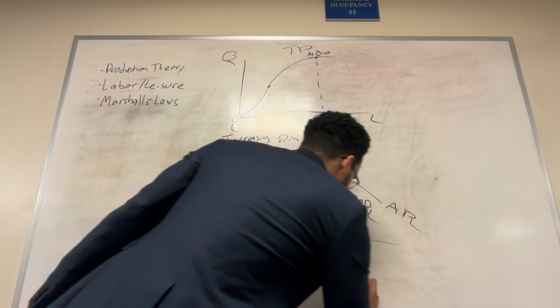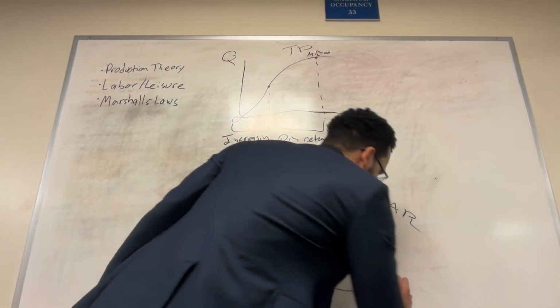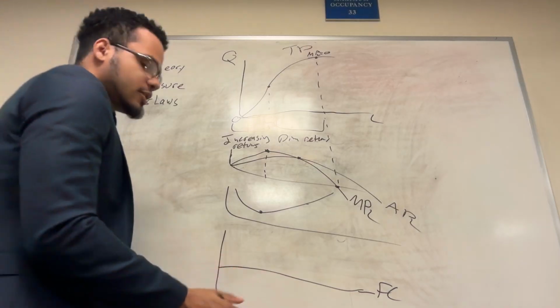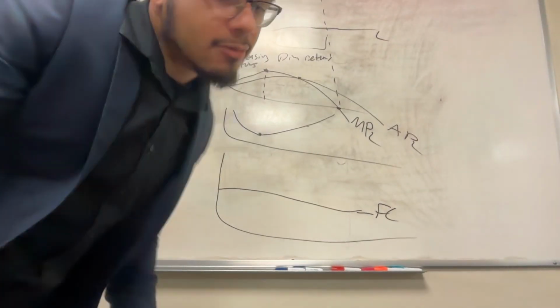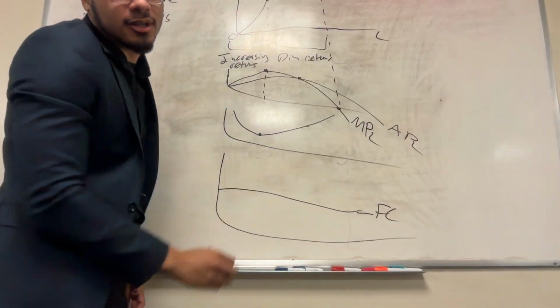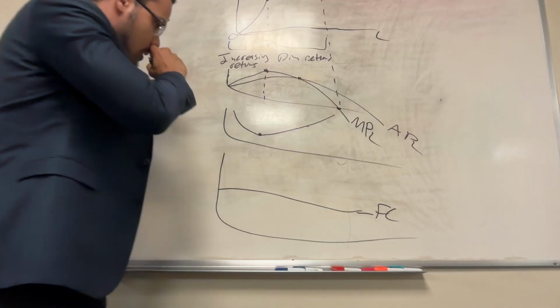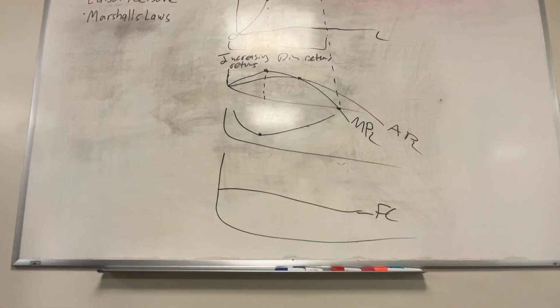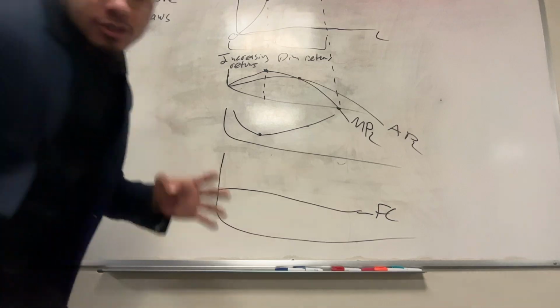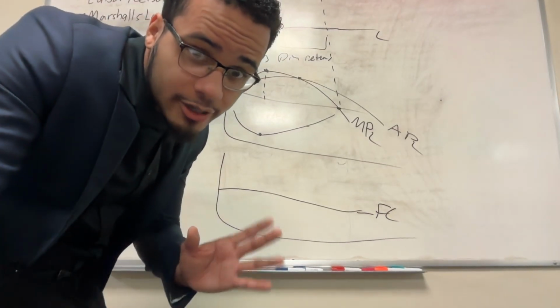Essentially, we're in the short run, so obviously we have fixed costs, right? We have fixed costs. This is supposed to be a horizontal line, right? Essentially, our fixed costs are independent of production. Our variable costs are not.